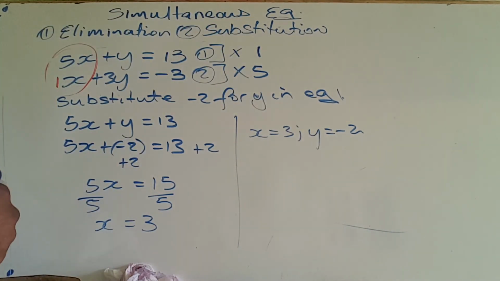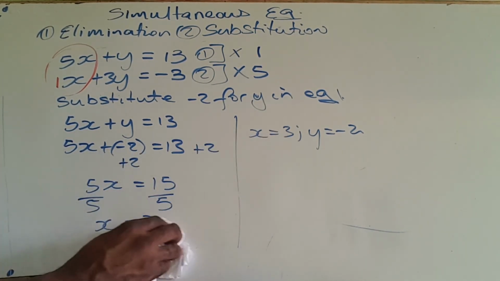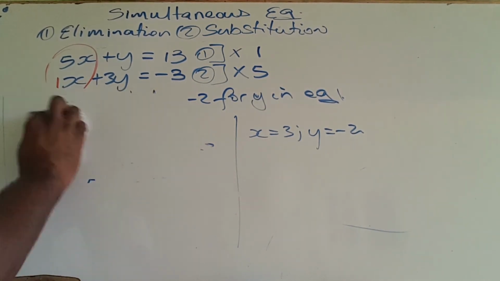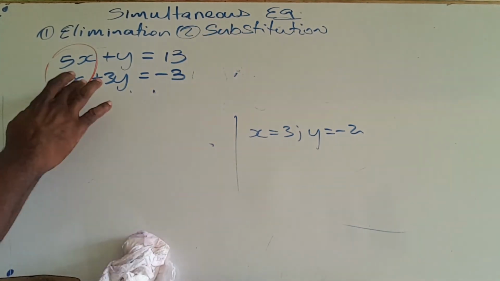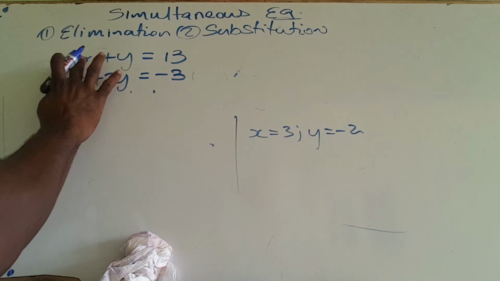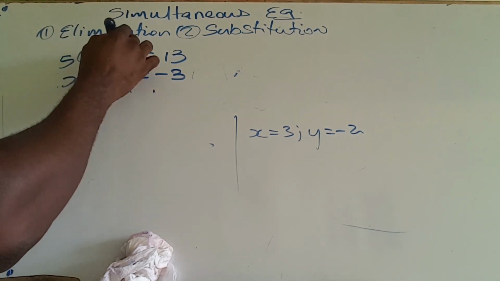Now if we want to test this back quickly to see if it works, all we're going to do is substitute 3 for x and -2 for y. So we're going to substitute 3 for x. This is going to be 5 times 3, and then -2.